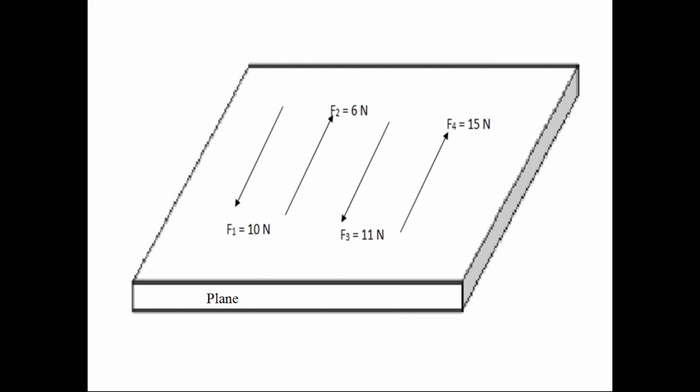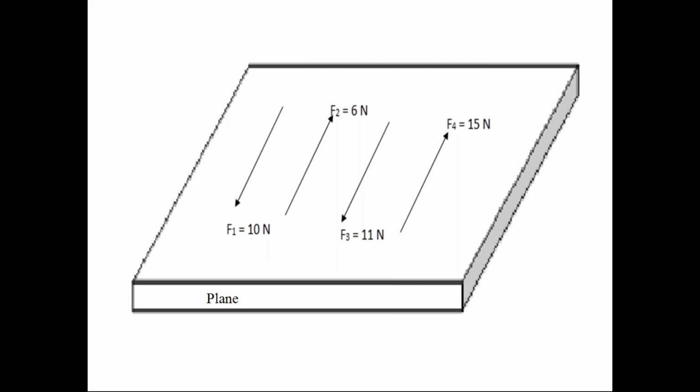So like that, the third force system is the coplanar parallel force system. In that, again we have 2 types: the coplanar parallel like force system and the coplanar parallel unlike force system. In the coplanar parallel like force system, the forces are lying on the same plane, parallel to each other, acting in the same direction.